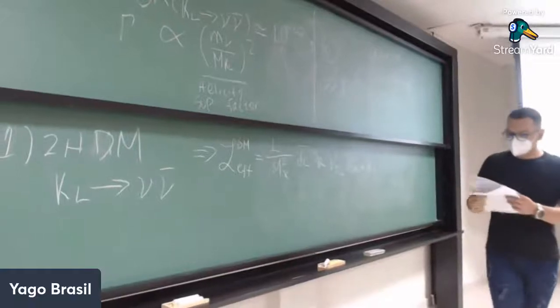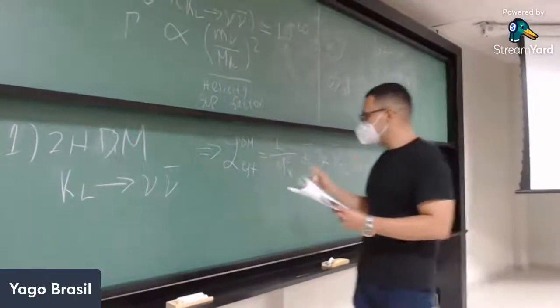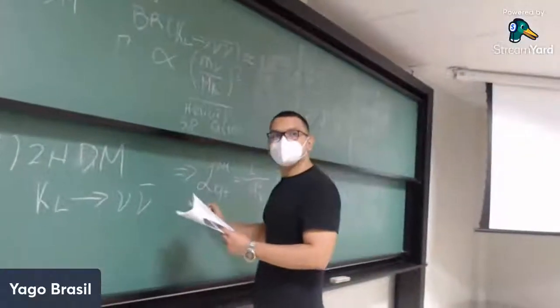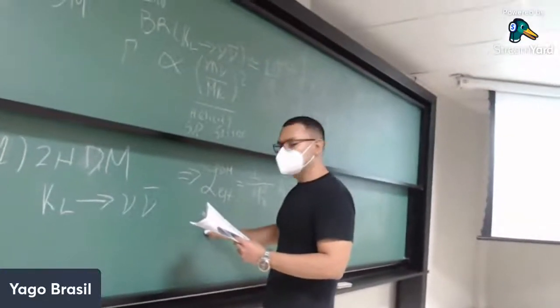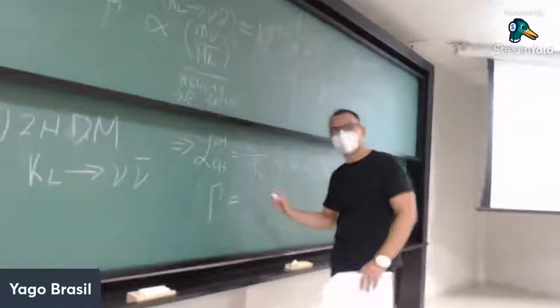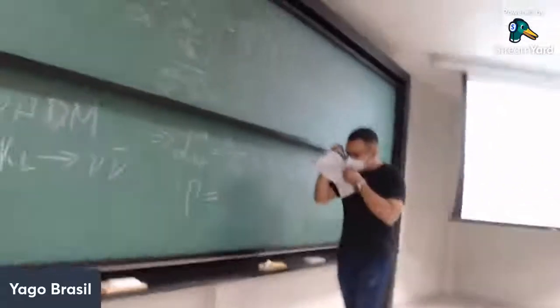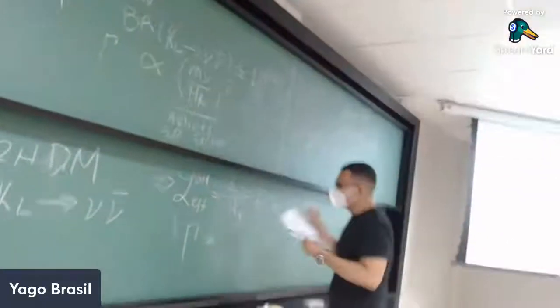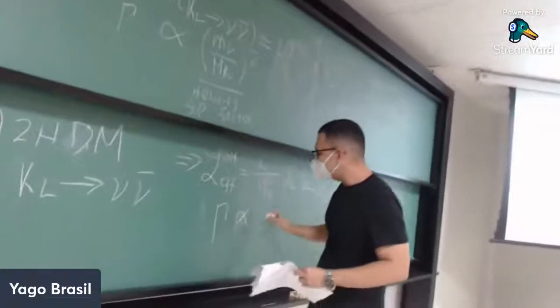So with this Lagrangian, we can show an equation that is really large, but skip the equations, go straight to the results. This is the result, because the decay rate is proportional. This is the main idea.